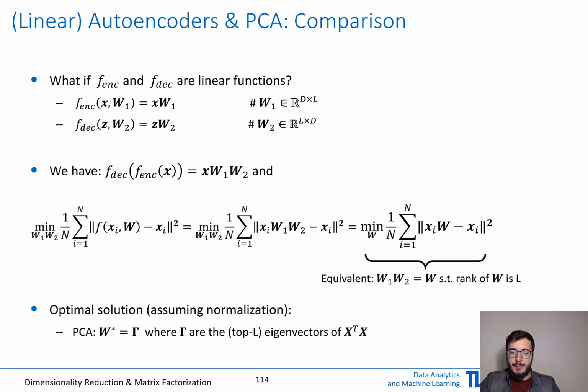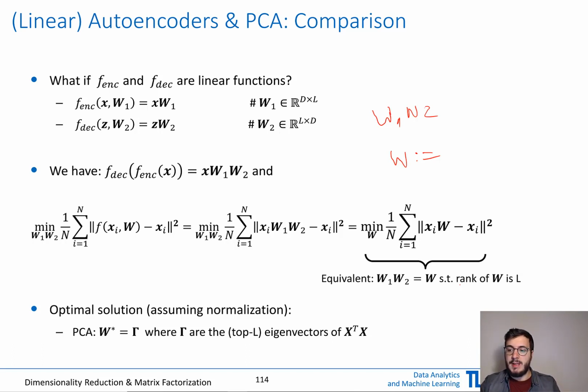And if we look at these two problems, we can collapse these two matrices into a single matrix. But we additionally have to enforce that this single matrix is of rank L. If you think about it, whether you apply a linear transformation with two matrices or a single linear transformation, which is defined as whatever the transformation is when you first apply the first one and then apply the second one, it's the same, right?